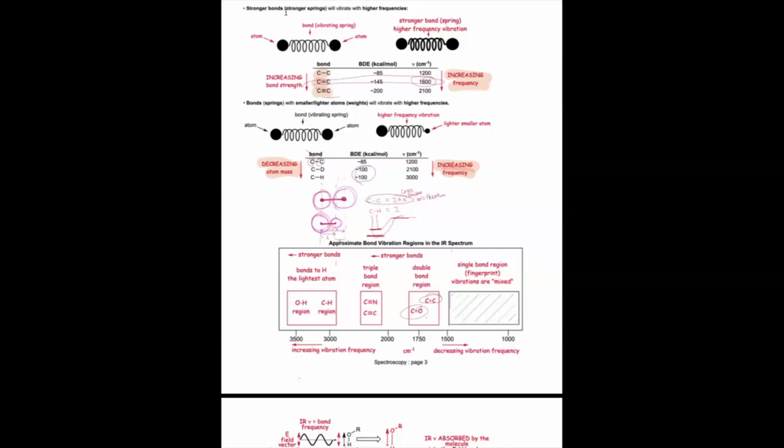I think that the presence of a dipole, which is present in the C double bond O due to the electronegative oxygen, has more of an influence on the vibration than the fact that it is a stronger bond than CH. Because if you look on page 3, it says bonds that are strong have higher vibrational frequencies, but that's not what we see on page 2 because C double bond O is stronger, but it has a lower frequency. So then, do we conclude that the presence of the dipole trumps that?